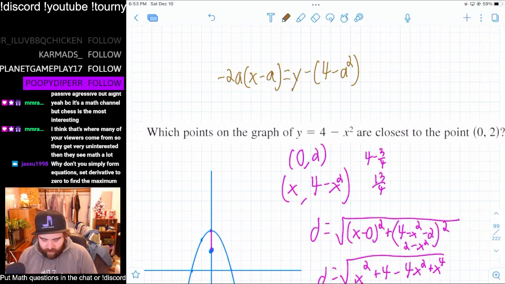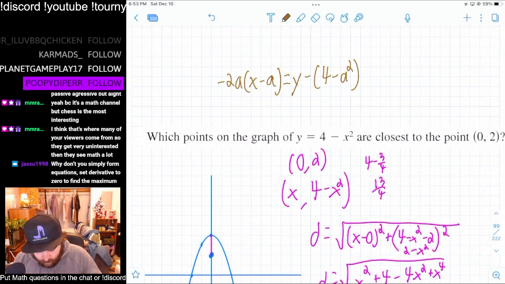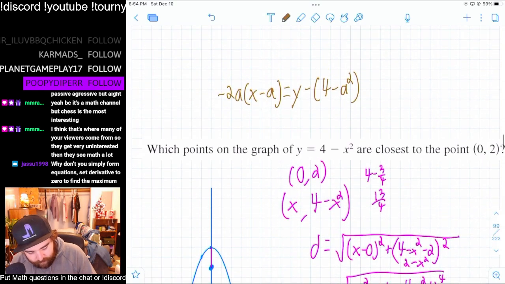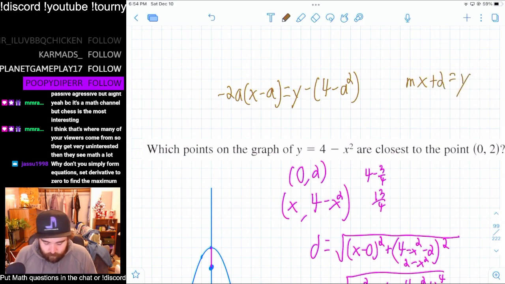Or maybe I need to write the equation of the line between that point now. Well, that's actually just slope-intercept form. So it's the slope plus 2 equals y. That's the equation of that line.